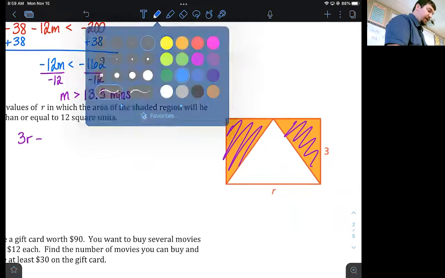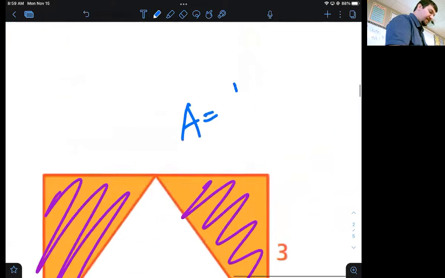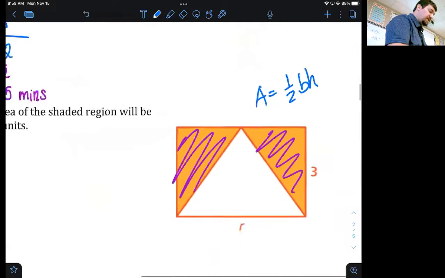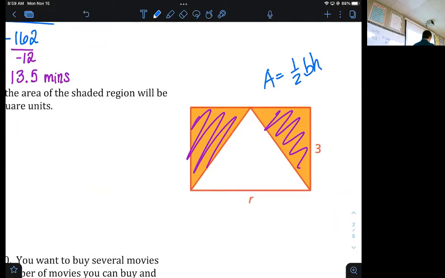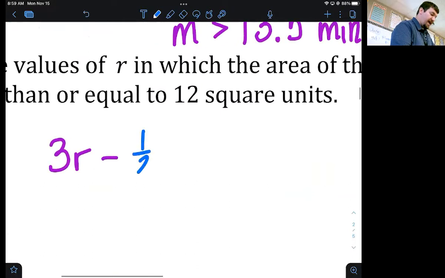And the area formula for a triangle is 1/2 base times height. What's the base of the white triangle? r. What's the height of the triangle? 3. So it has the same base and the same height as the rectangle, except it's a triangle, so it has to have a half in there. So I'm going to subtract out 1/2 of 3r. What's half of 3?